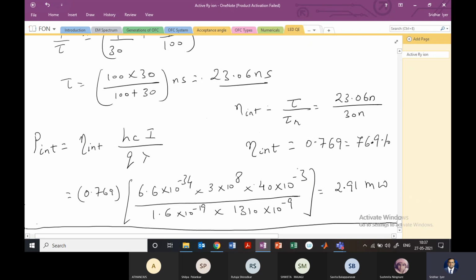I'm checking again. You can also check. So 29. Okay, we'll see. Anyone else getting 29? Yes, sir. 29. Okay, fine. So, milliwatt. Okay, so 29.1 something is your milliwatt.